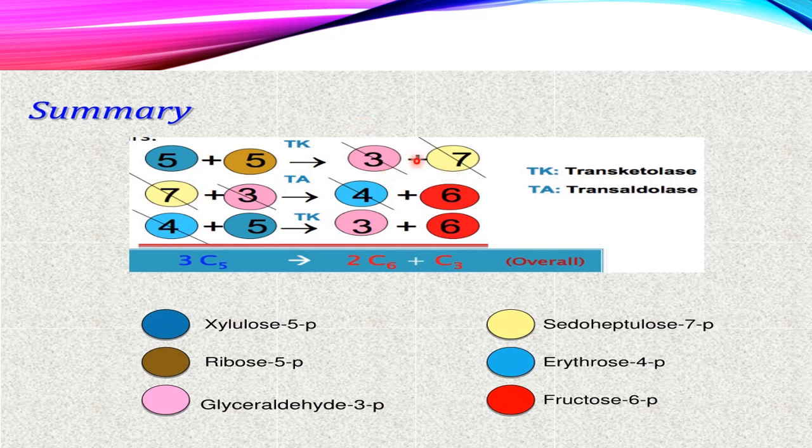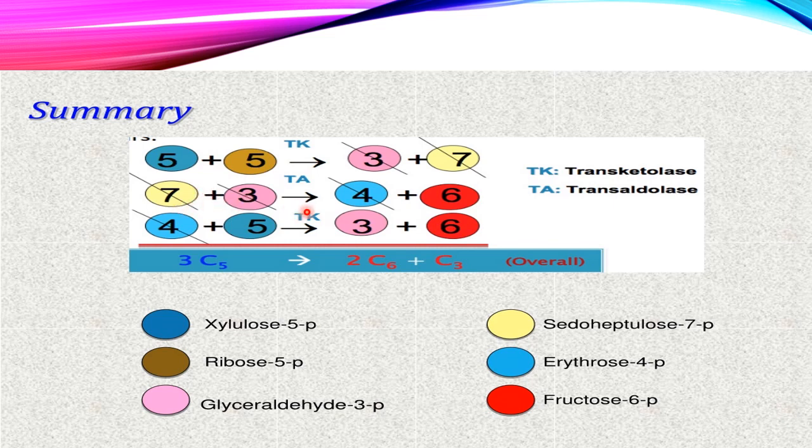Now again, in the next step, that is our 7 carbon compound and the 3 carbon compound, our enzyme transaldolase will act. What does transaldolase do? It will remove a 3 carbon fragment and attach it to the other. So from 7, it is removing a 3 carbon fragment and attaching it to a 3 carbon compound.